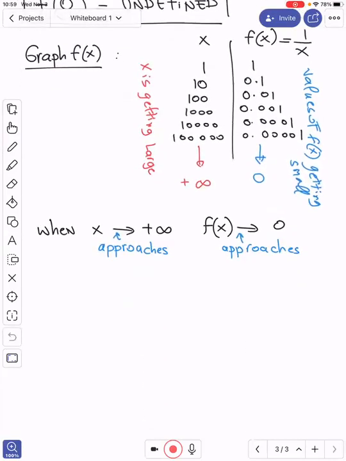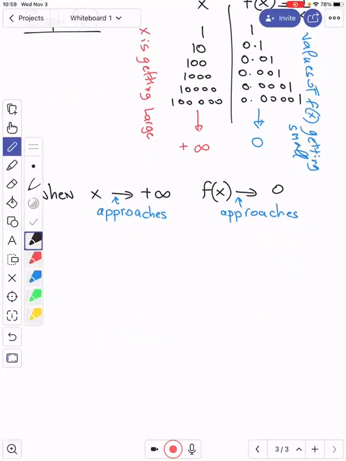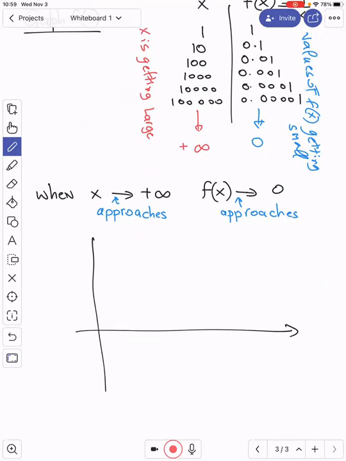So in the graph, guys, it means the following. Let's say this is 10, this is like 100, this is like 1,000, this is like 10,000, etc. So here, of course, you're approaching positive infinity.